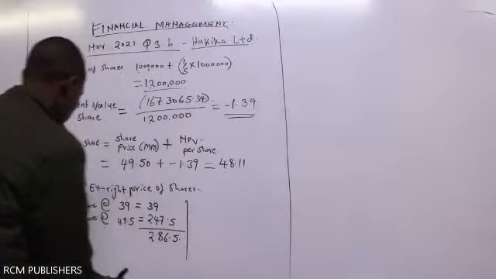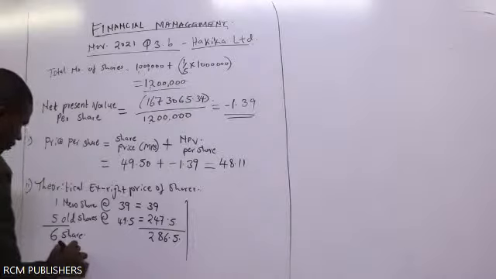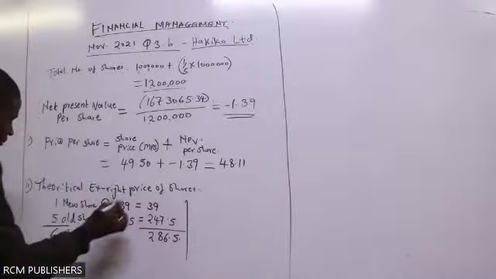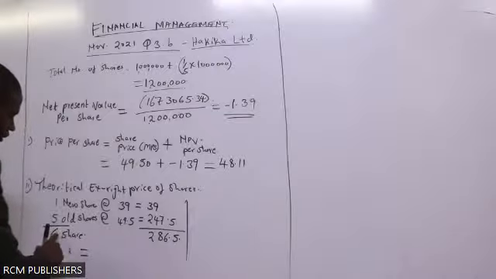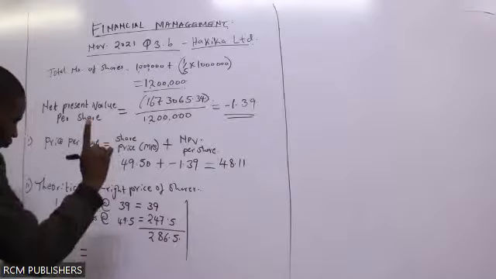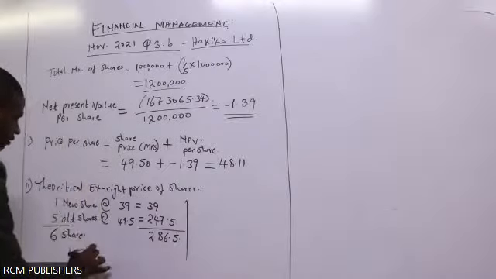So with this, you can now get the theoretical ex-right price. If 6 shares have this value, now we can get the value of one share, the value per share.